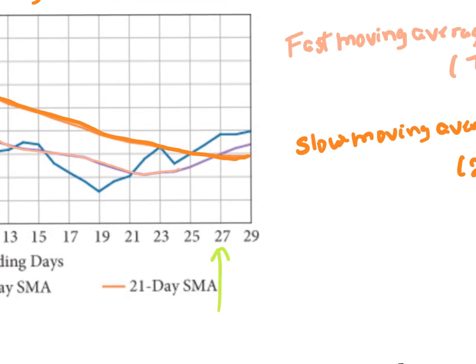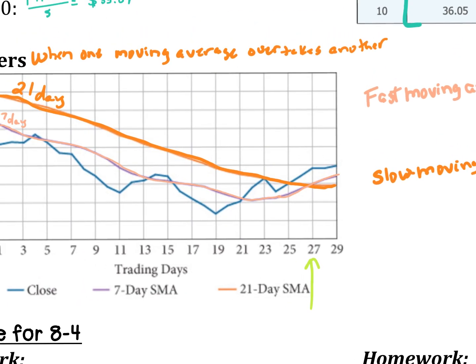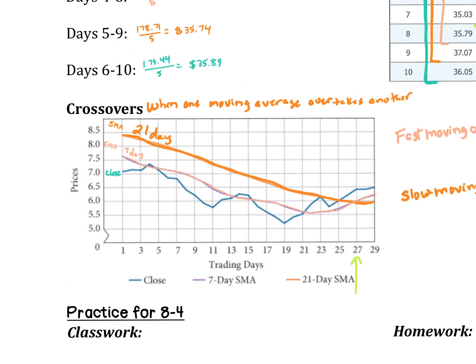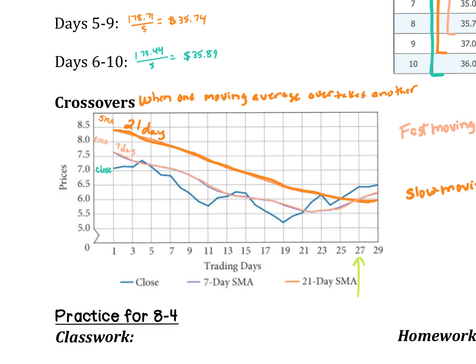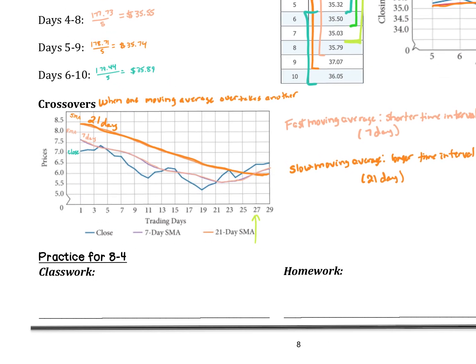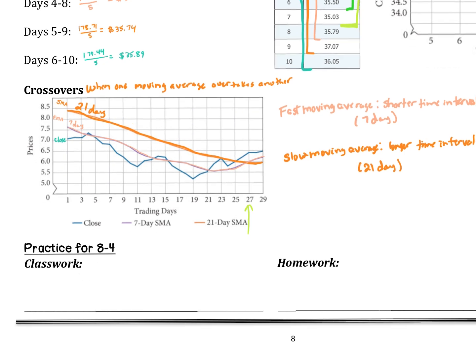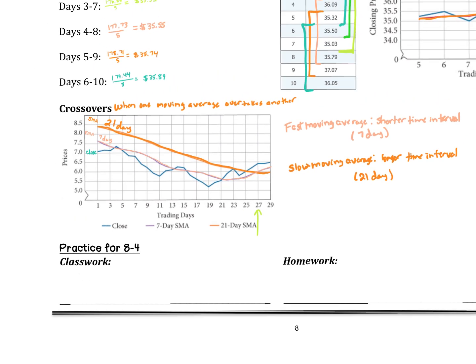I started to color code this, and I didn't finish doing that. So where these two cross, and the one goes higher than the other, that's what they are looking for, because that could signal a time for you to possibly start to purchase stock, okay? It's showing a change in the trends. So that's what they're looking for there, those crossovers, okay?